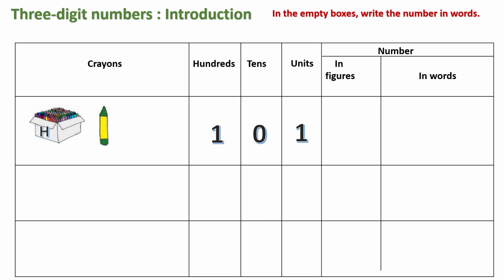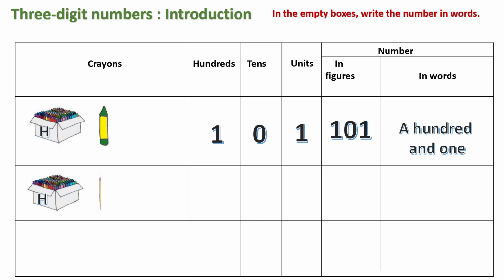The number makes 101. Here it is in figure, and in words is 101. In this type we learn 100 to 109.